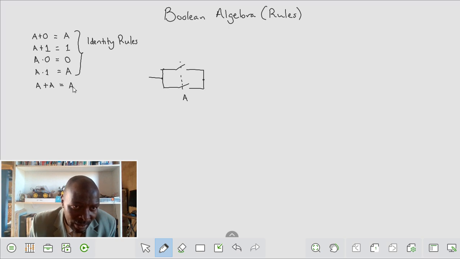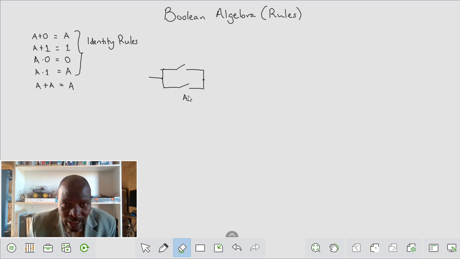So it's as good as having only A. Before I go ahead, let's look at a scenario like this. I'm trying to clear it out.